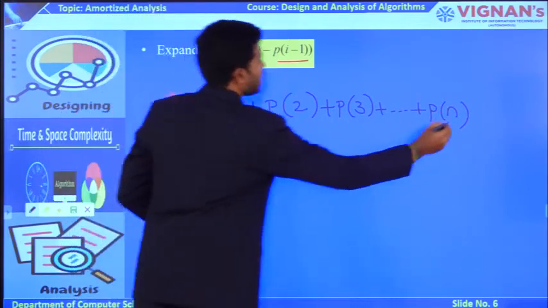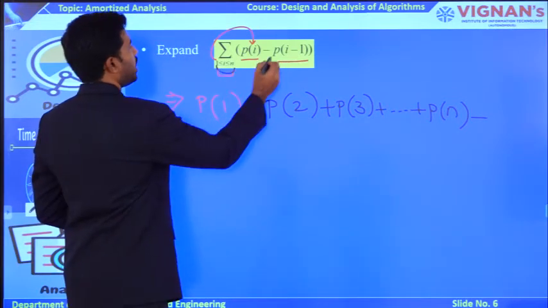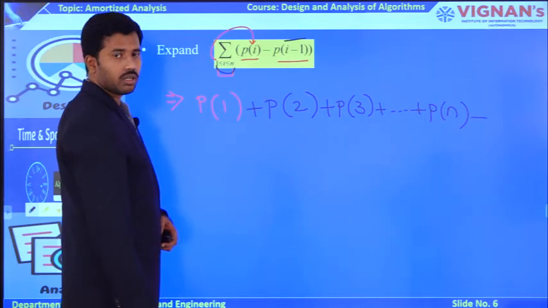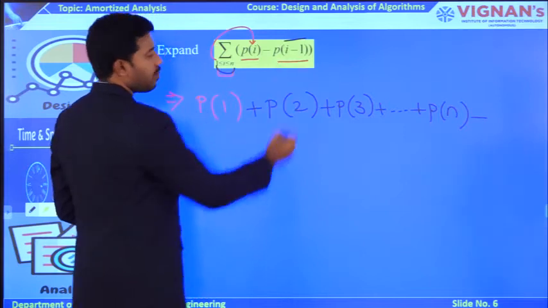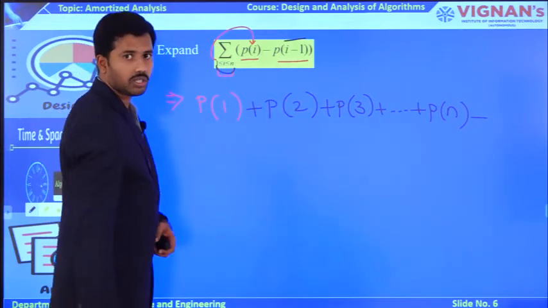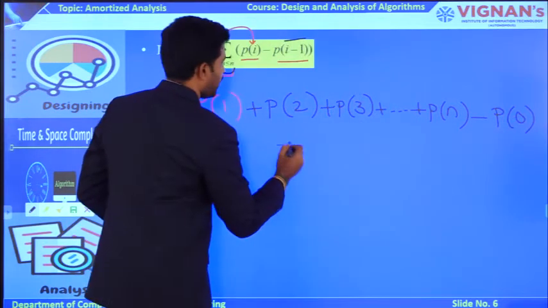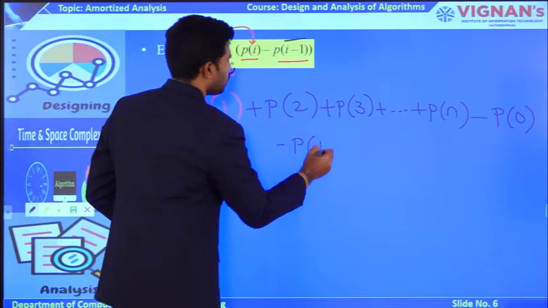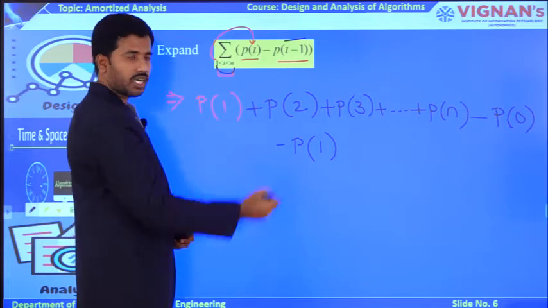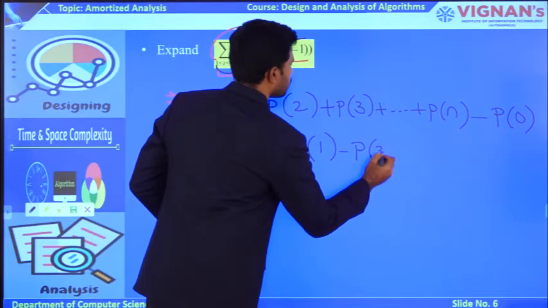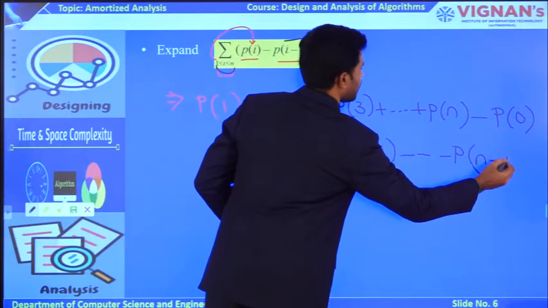Now minus. Let us substitute the range 1 to n in the I minus 1 potential function parameter. If I substitute I as 1, here minus 1 is there, so 1 minus 1 gives 0. Minus, for the next value it looks like 1, because the next value of I becomes 2, and 2 minus 1 is 1. For the next value minus P of 2, and likewise so on up to minus P of n minus 1.